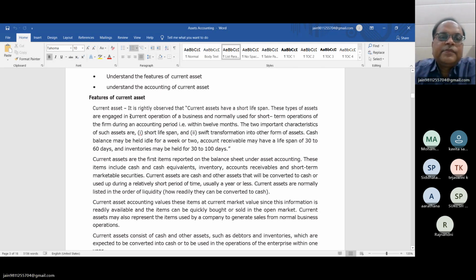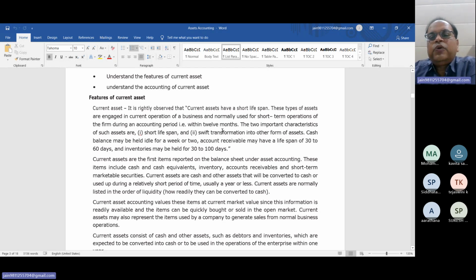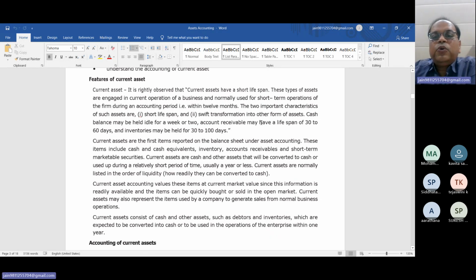Current assets. It is rightly observed that current assets have a short life span. These assets are engaged in the current operation of a business, normally used for the short-term operation of the firm during the accounting period, that is, within 12 months. And two important characteristics of such assets are short life span and quick transformation into other forms of assets.